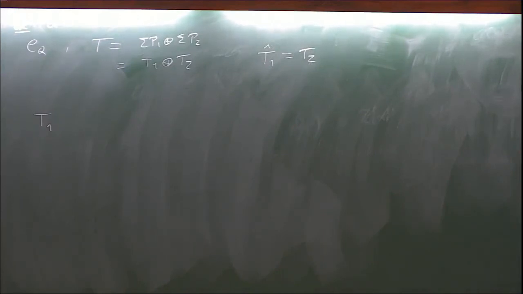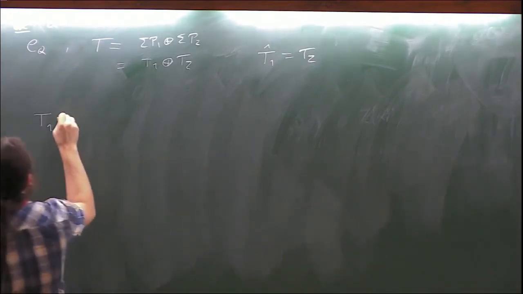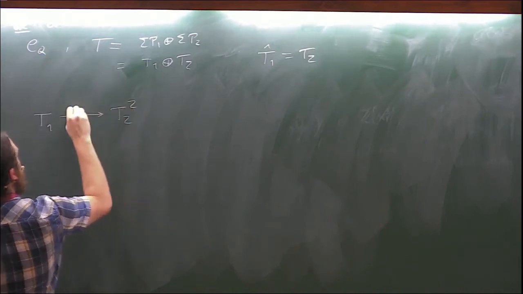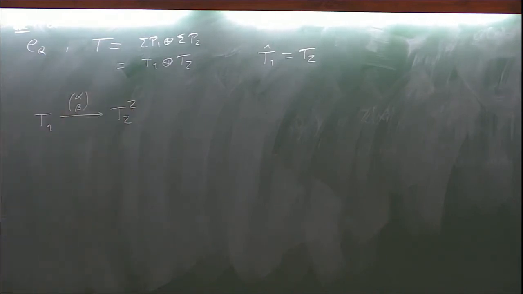In this case, I have two. Well, the space of morphisms from T1 to T2 is two-dimensional, and the basis is given by these two irreducible maps. So if I call this alpha and this beta, then I have two morphisms from T1 to T2. And this is a minimal approximation.